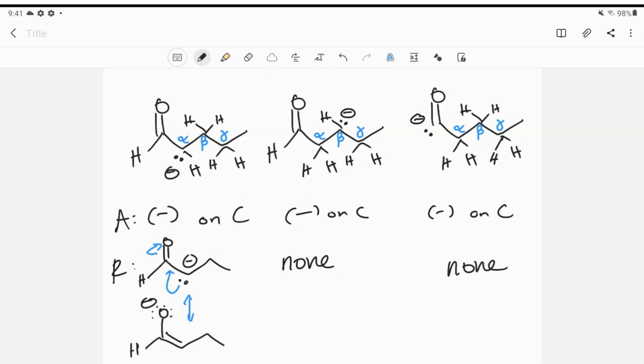And if we try the same thing with the aldehyde carbon, we're going to see there's nowhere for that to go either. When you have a negative charge on an sp2 carbon, it's better than sp3, but still not so great. And considering we have the oxygen with relatively high electron density, it's probably not very good to have it there either. So we're going to see that.